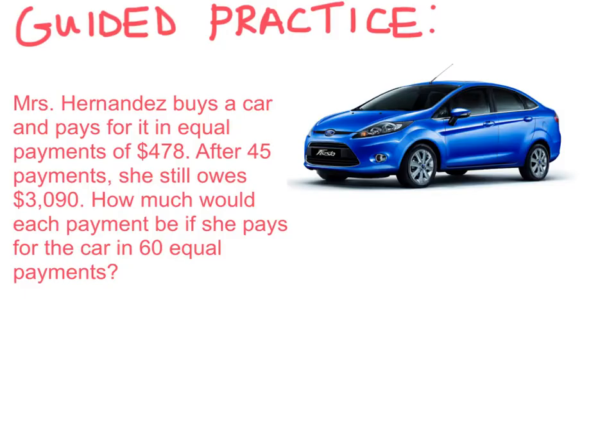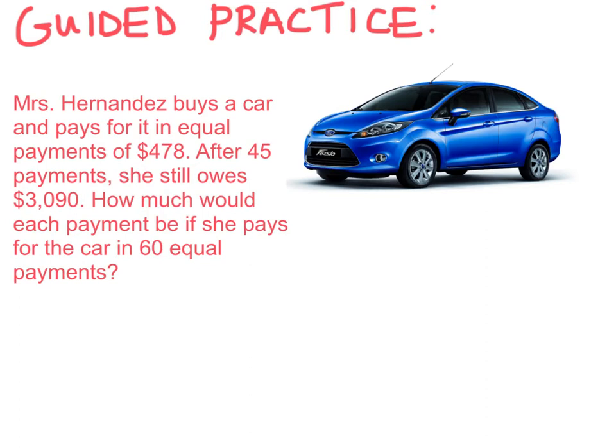Now let's try one of these multi-step problems on your own. Mrs. Hernandez buys a car and pays for it in equal payments of $478. After 45 payments, she still owes $3,090. How much would each payment be if she pays for the car in 60 equal installments?